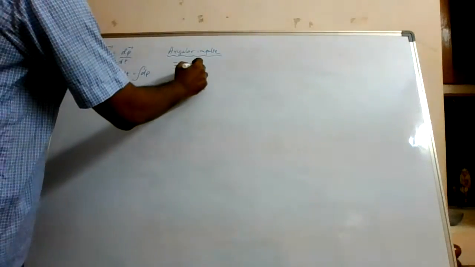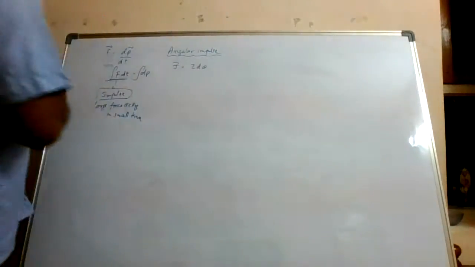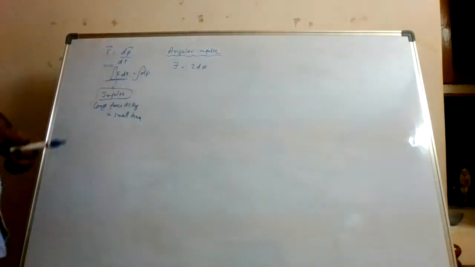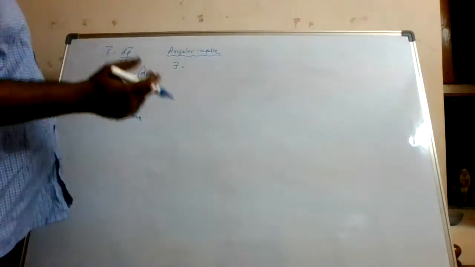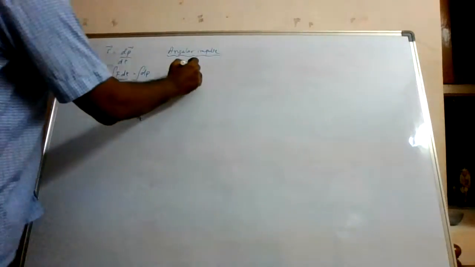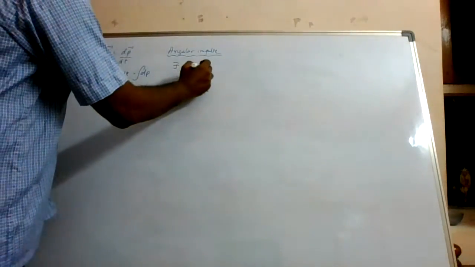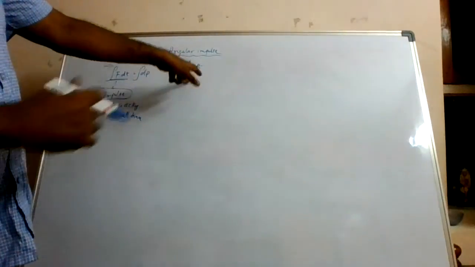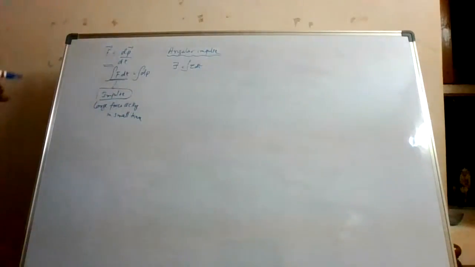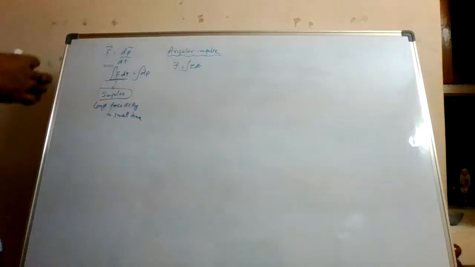Here F will be replaced by tau, dt will remain dt only. So large amount of torque applied in a small amount of time. That is what angular impulse is in this case.